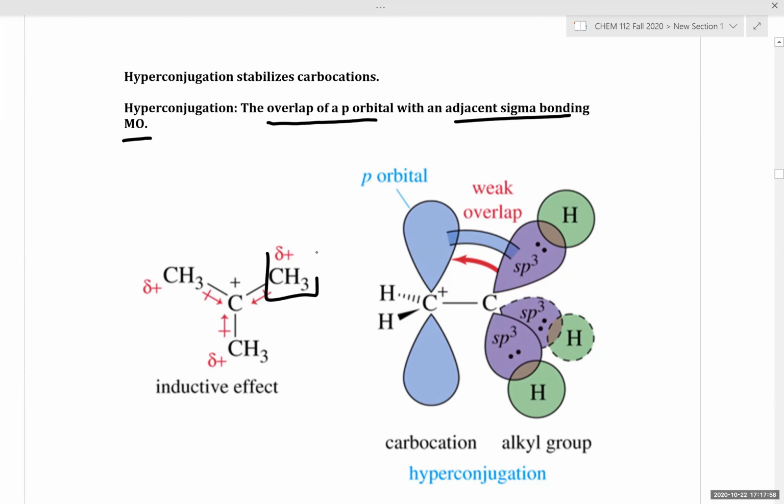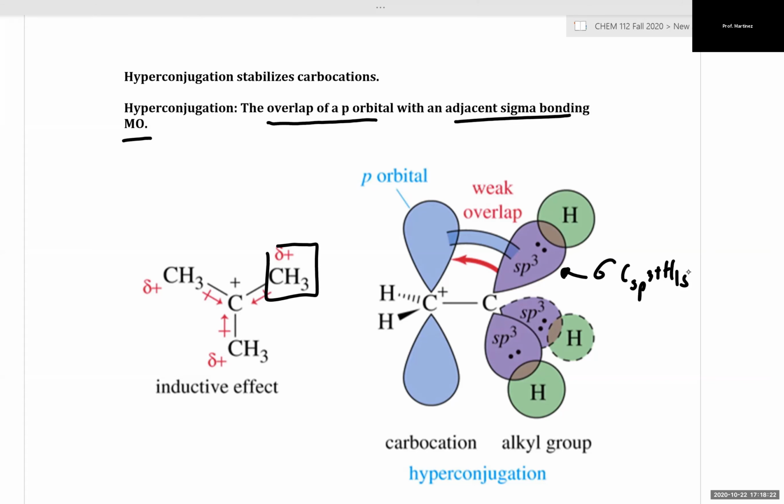If we unpack each of these adjacent alkyl groups, we notice that we have a set of adjacent sigma bonds. In this case, this is a sigma carbon-hydrogen bond. To be more specific, it's a sigma carbon sp3 plus hydrogen 1s bond. If we make a model of this structure, we have our p orbital.